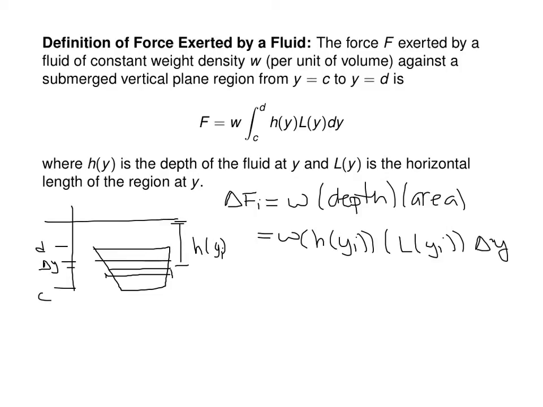The total force is given by taking a limit of the sum from i equals 1 to n of all these individual pieces, so w h of y sub i L of y sub i delta y.